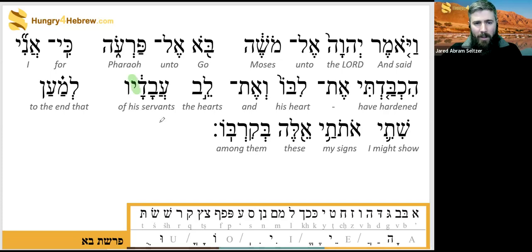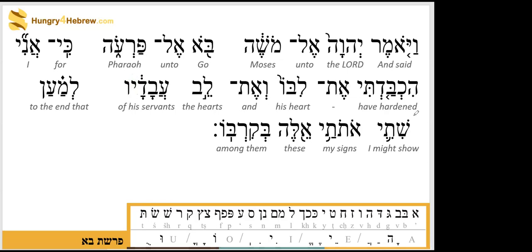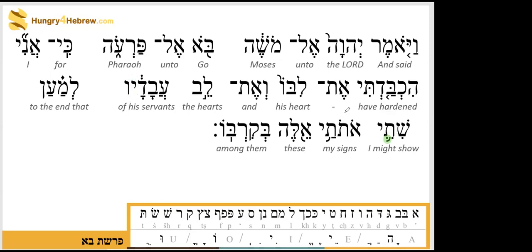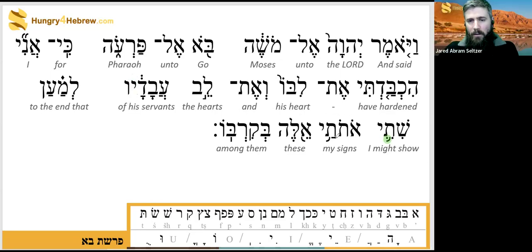The yod is no longer pronounced in avadav. Lema'an shiti. It's so tricky. That right there is your cantillation mark, so it's only a chirik. Shiti ototai ele bekirbo. Very good. Ototai gets pulled into a yod sound. Good.